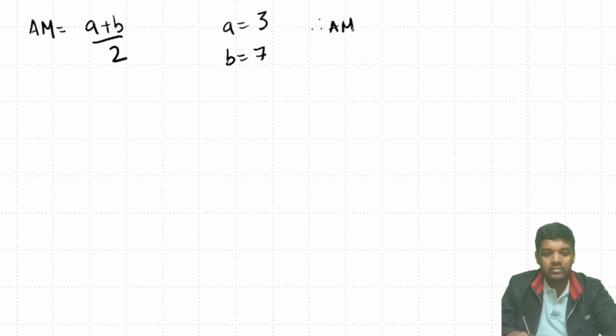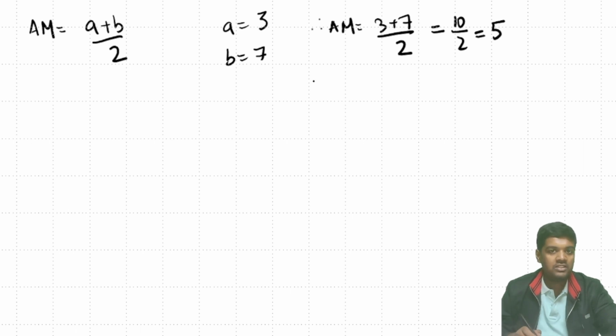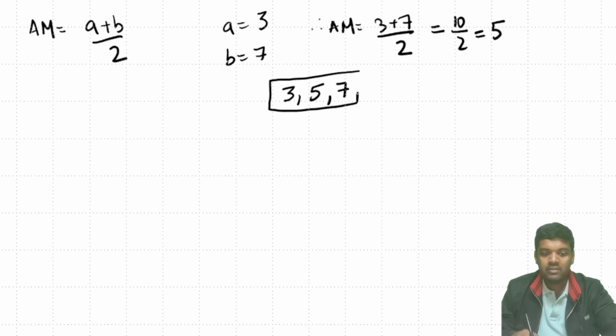Therefore, AM will be 3 plus 7 divided by 2, which is 10 by 2, equals 5. One more important observation: if we put A, AM, B, these three terms will be in AP. Let's see: 3, AM which is 5, B which is 7. These three terms are in AP. They have the same common difference, right?